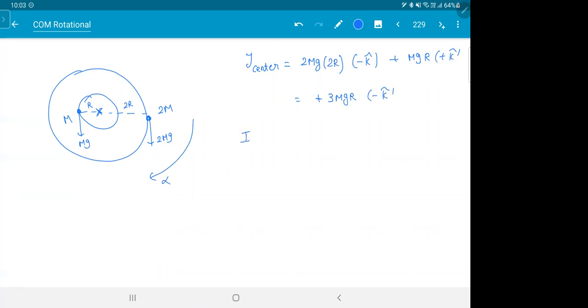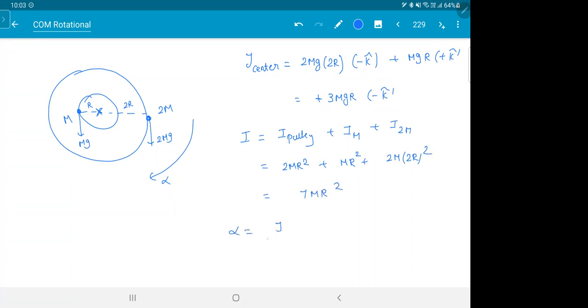What is the moment of inertia of the system? I of the pulley, I of m, I of 2m. The pulley's moment of inertia is given as 2MR squared. M's moment of inertia is MR squared. 2m's is 2m into 2R whole squared. That would be 3MR squared plus 4MR squared plus, so 7MR squared. I think you got it right.